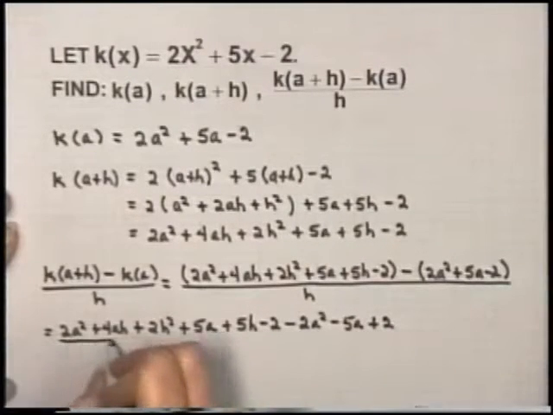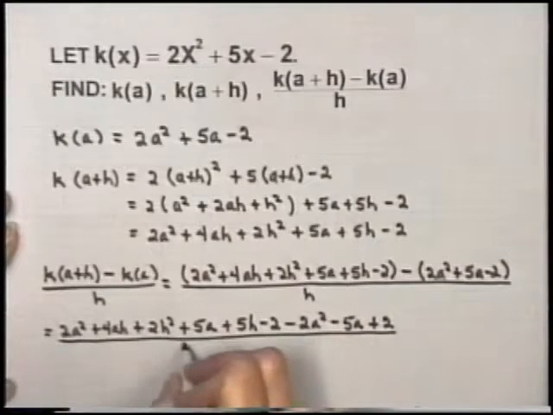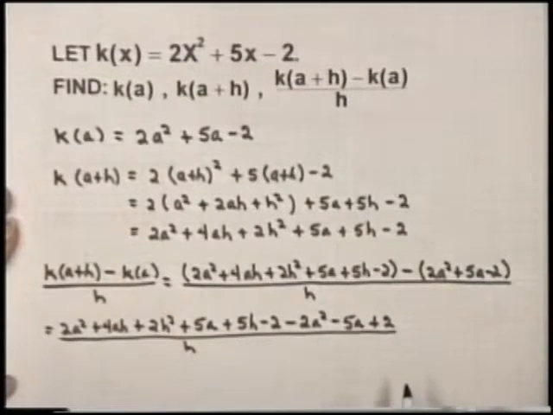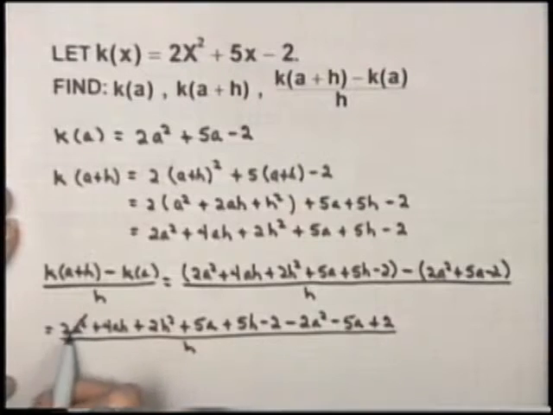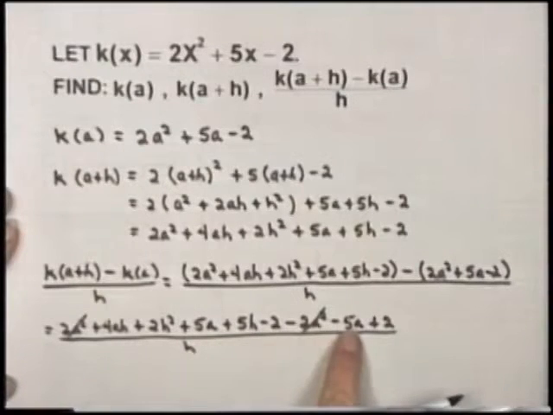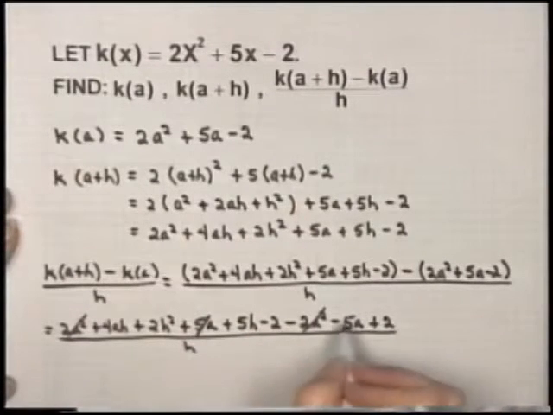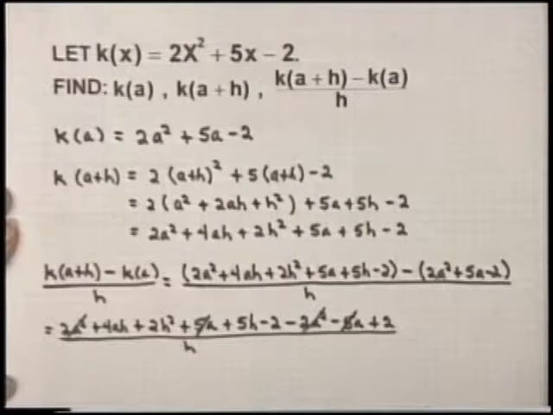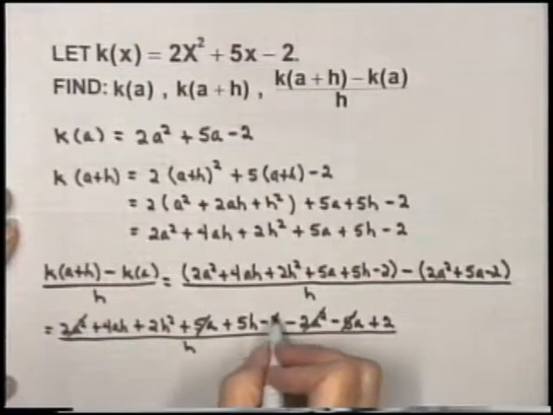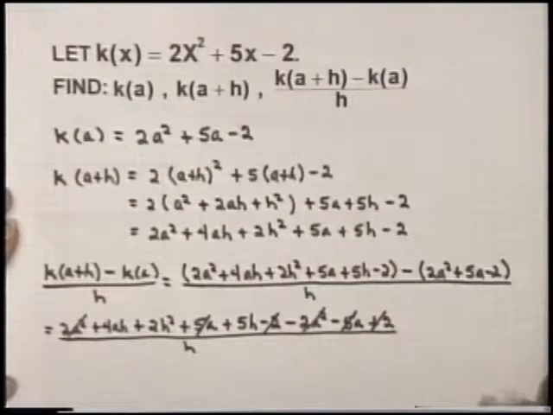All of this is over h. Are there any terms that will add to 0? I see 2a squared here and minus 2a squared here. Let's just mark those out because those add to 0. I see a 5a here and a minus 5a here. Those will add to 0 also. I have a minus 2 here and a plus 2 here. Those will add to 0.